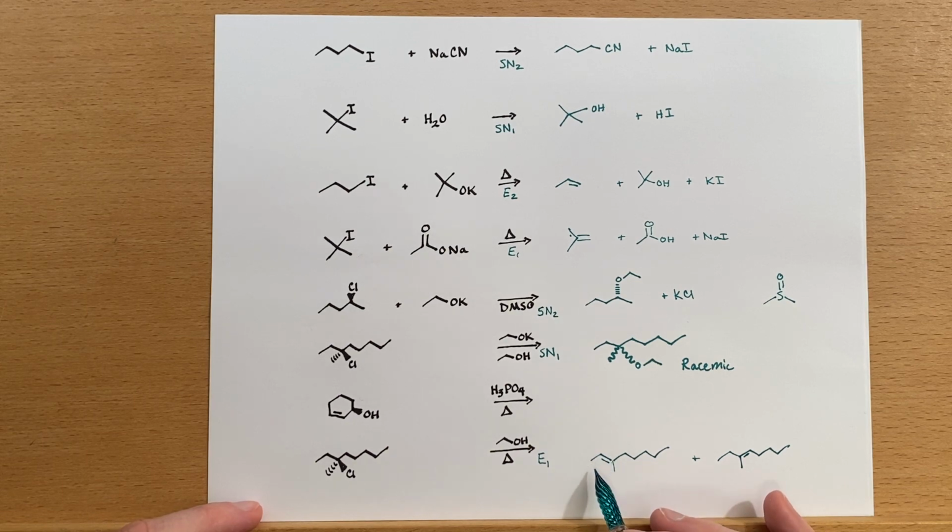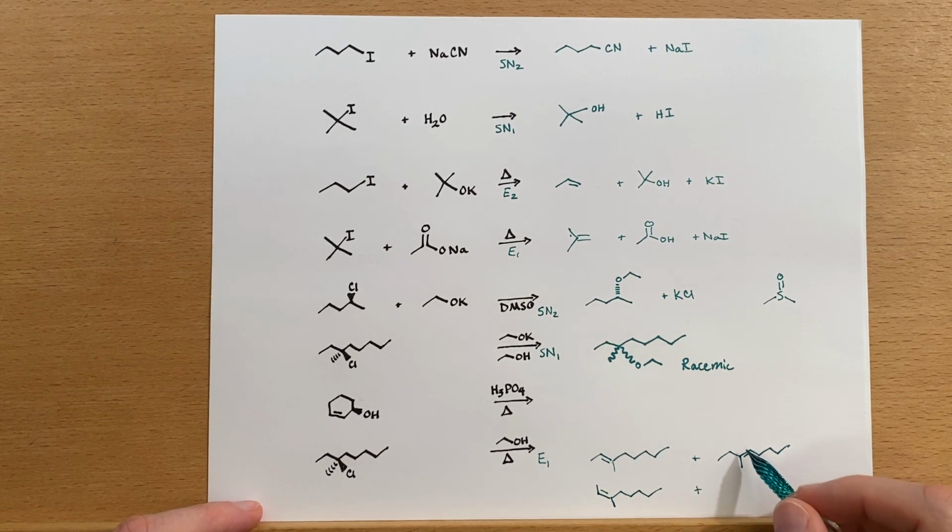So, well, this one is E, but we'd get the one that's the Z isomer. And same here, we'd get the other isomer. You get that one as well.